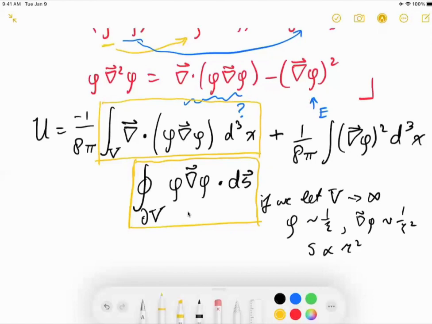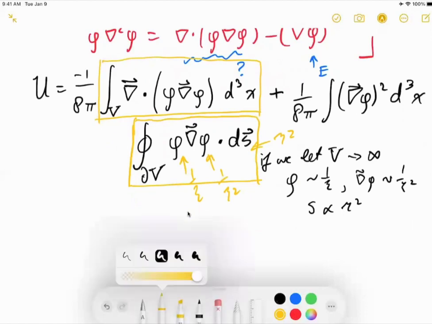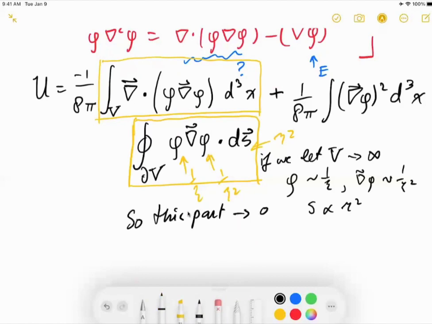So that means this is 1/r, this is 1/r squared, and this goes like r squared. So this whole thing goes to 0.